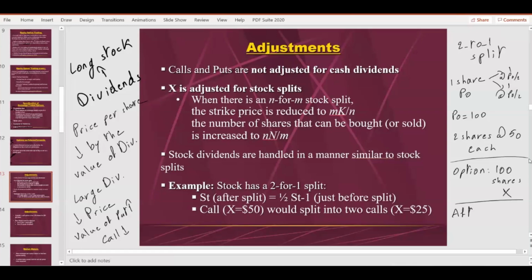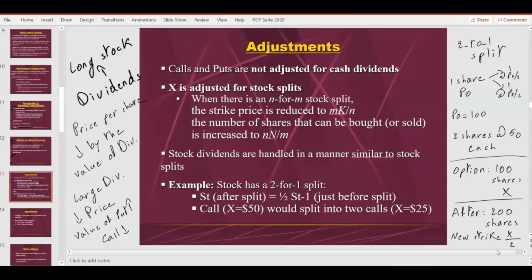After the split, the contract, whether it's a call or a put option, will cover now 200 shares. And the new strike price is X divided by 2.